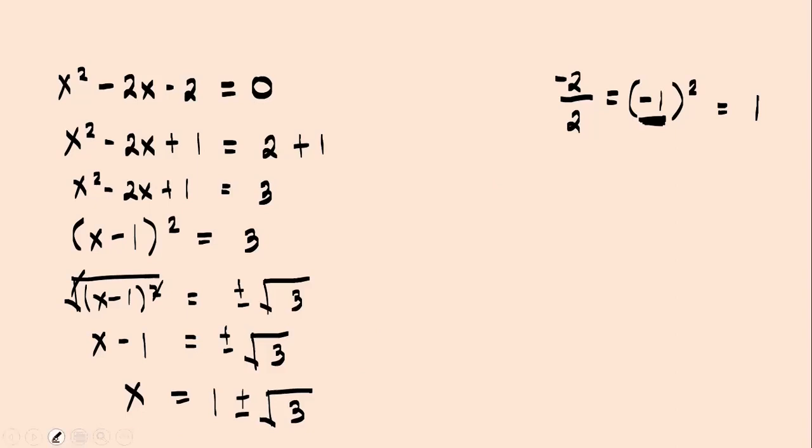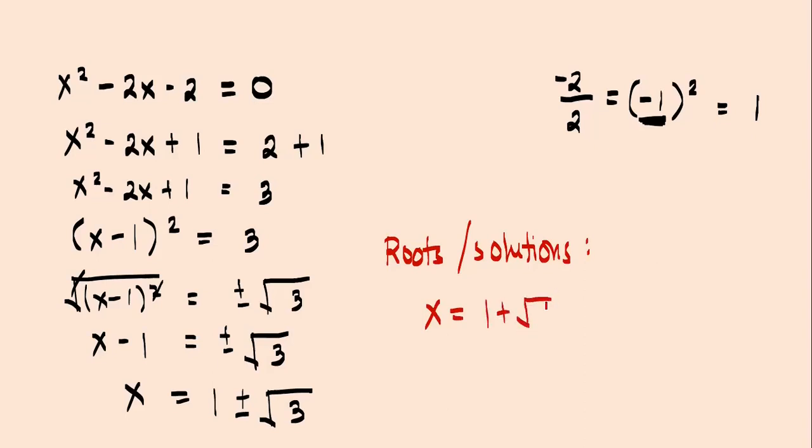Okay, so yung roots or solutions are x is equal to 1 plus square root of 3 and x is equal to 1 minus the square root of 3. Okay, so ganun lang po yung pag-solve ng value ni x or roots or solutions by completing the square.